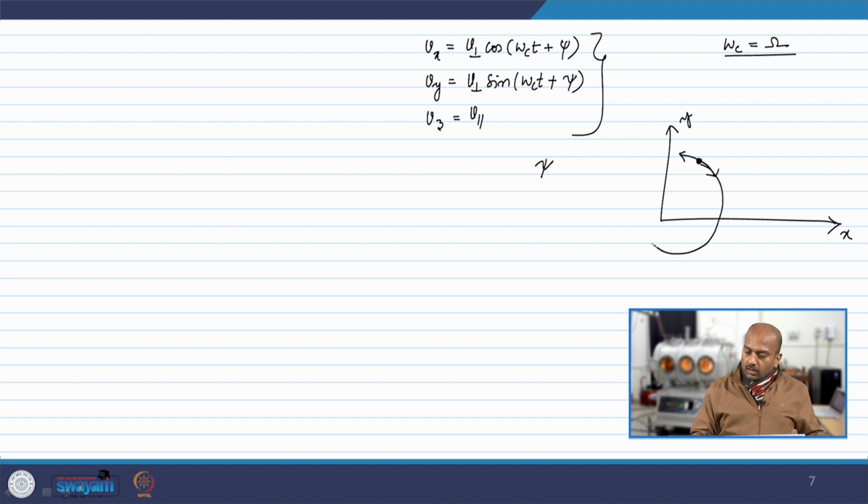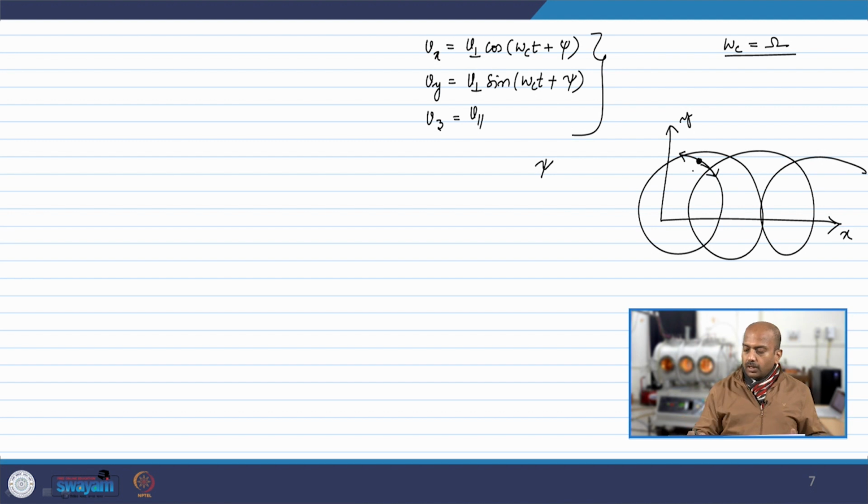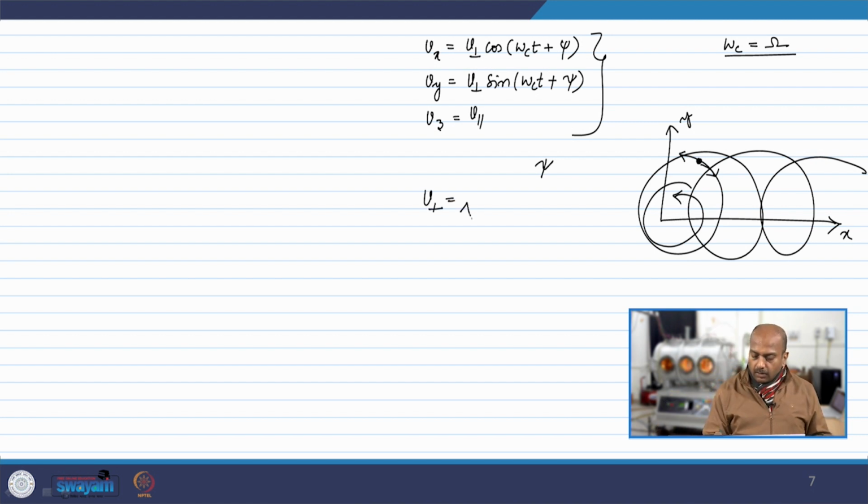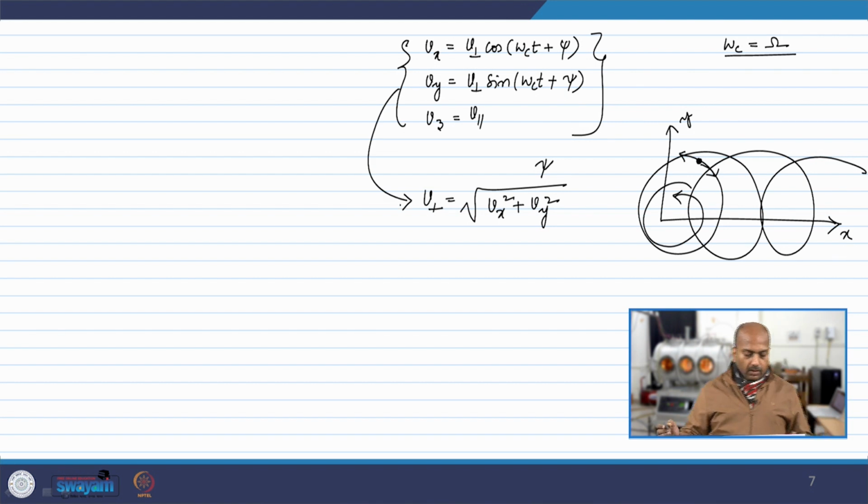So it will gyrate like this. The electron will gyrate exactly in the opposite direction. So V perpendicular is the square root of Vx squared plus Vy squared. This follows directly from the equation.